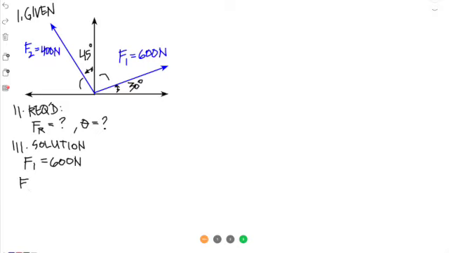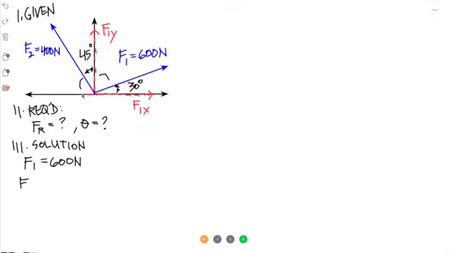We look for F1x, which is positive, as well as F1y, which in this case will also be positive.